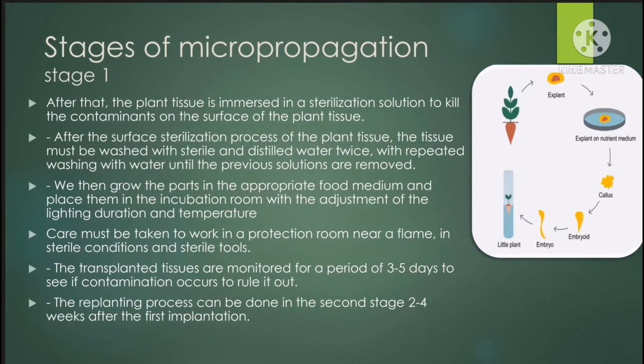After surface sterilization, the tissue must be washed with sterile distilled water twice, with repeated washing until the previous solutions are removed. Care must be taken to work in a protected room near a flame, in sterile conditions and with sterile tools.